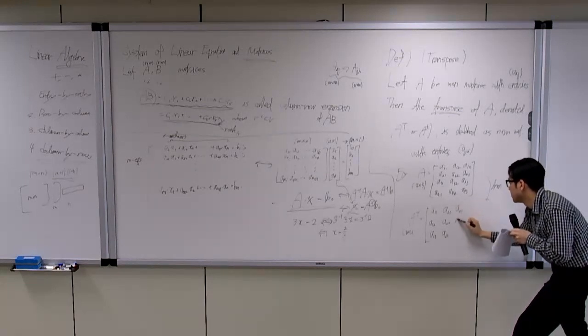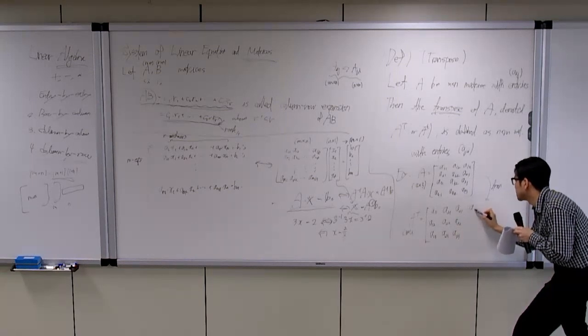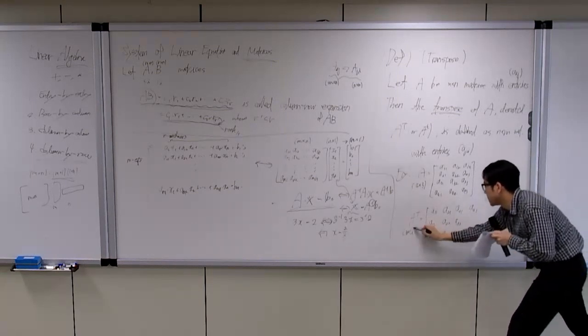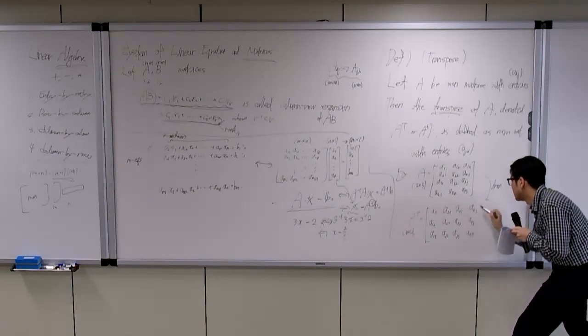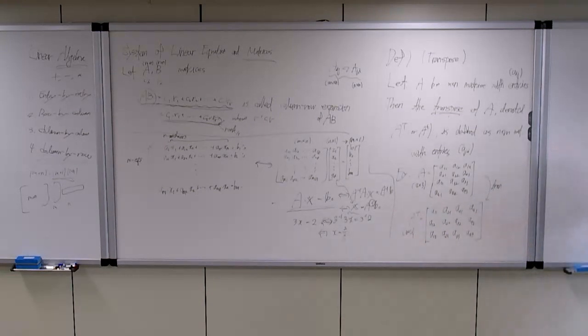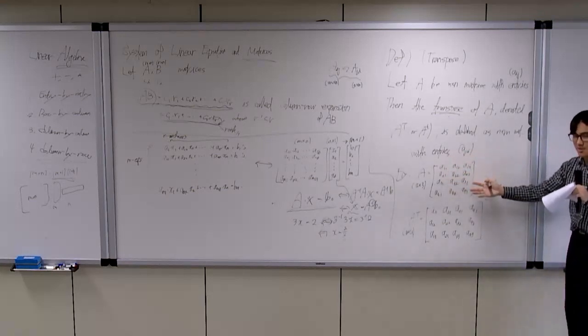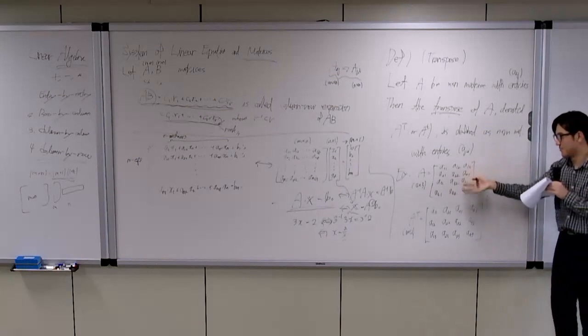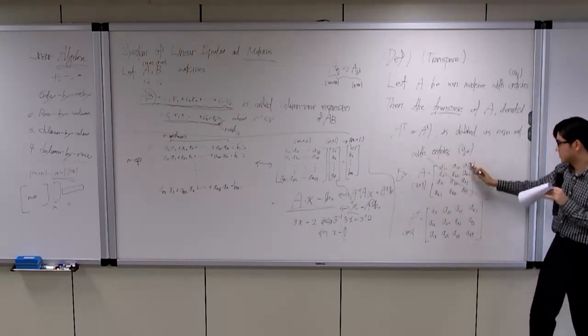Similarly, we get the other entries of the 3 by 4 matrix. So we just transpose the matrix in this way.